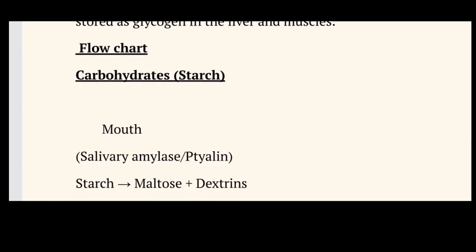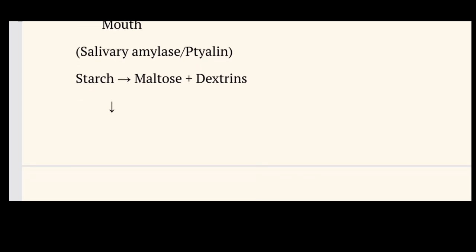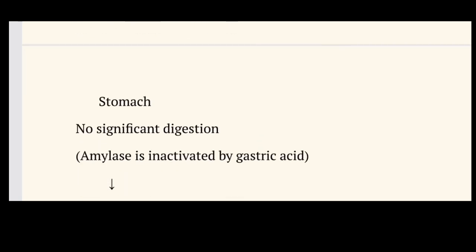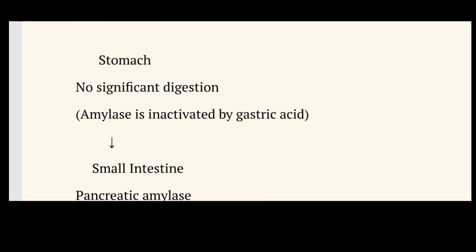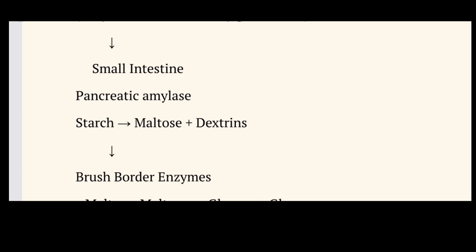You can see the flow chart of carbohydrate digestion: from the mouth, salivary amylase, ptyalin, converts starch into maltose and dextrin. In the stomach, no significant digestion happens. You remember that digestion of carbohydrates does not happen in the stomach. Then the carbohydrate goes to the small intestine, where pancreatic amylase converts starch into maltose and dextrin.